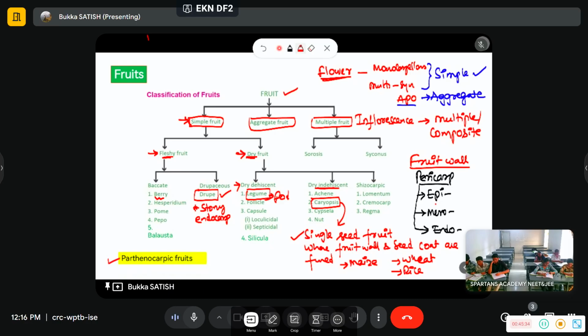Next, write separately parthenocarpic fruit. What does it mean? Fruit formed without fertilization. Will they have the seeds?